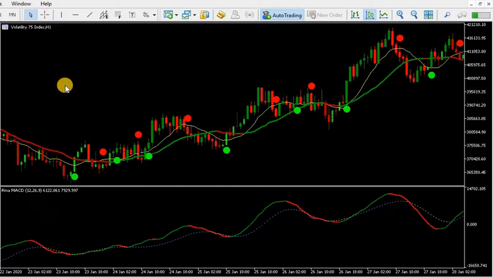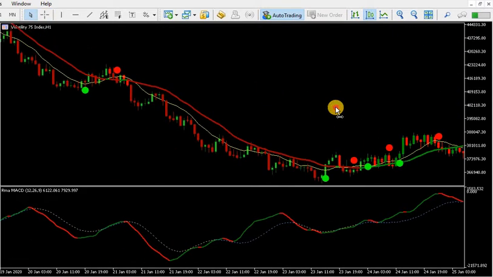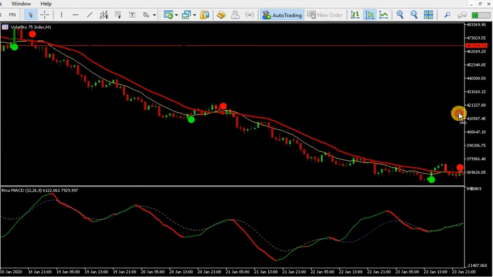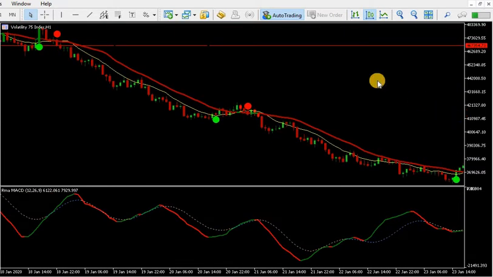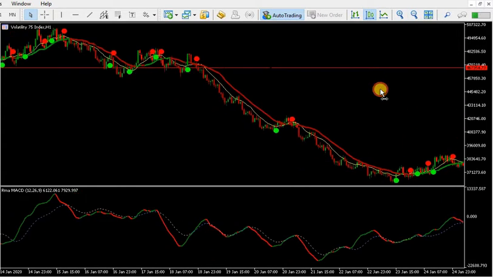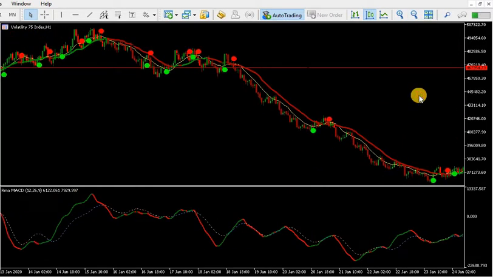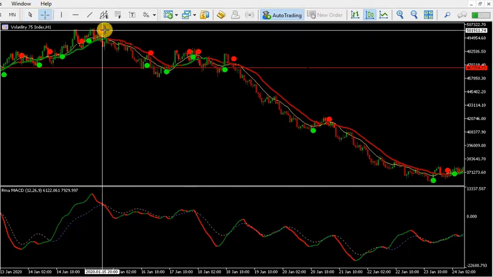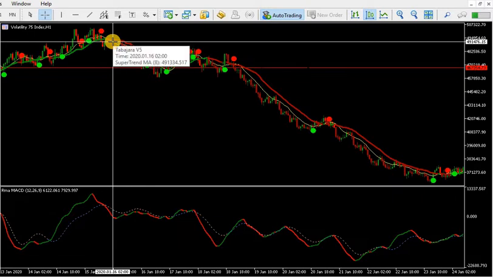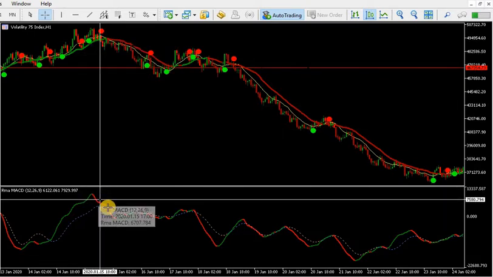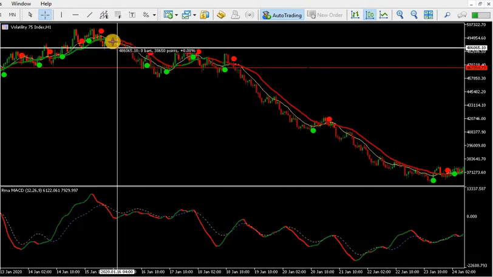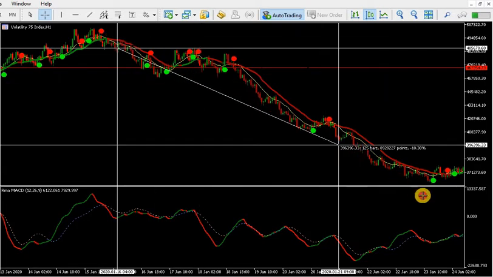Let me show you one more trade. Look at this very awesome sale signal. Look here, dot, red line, that must also confirm the market is going down, and look how much.